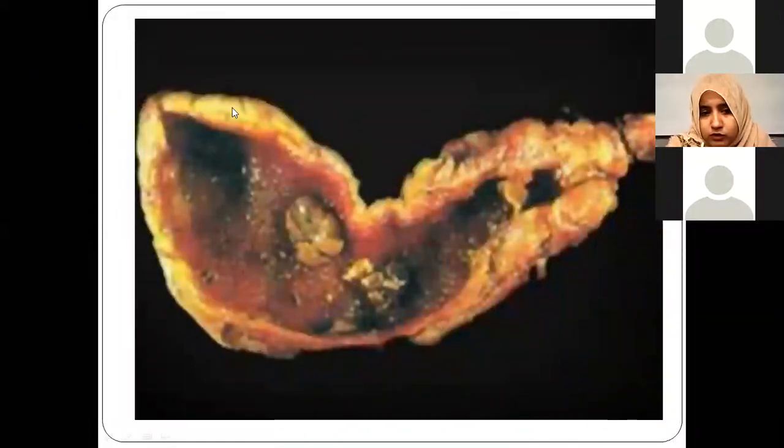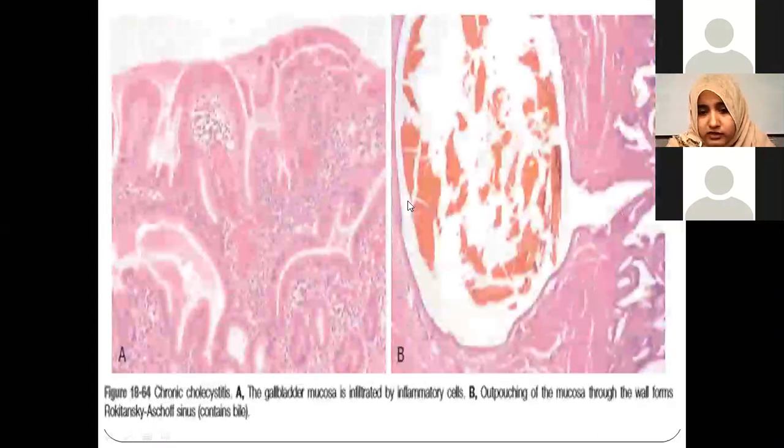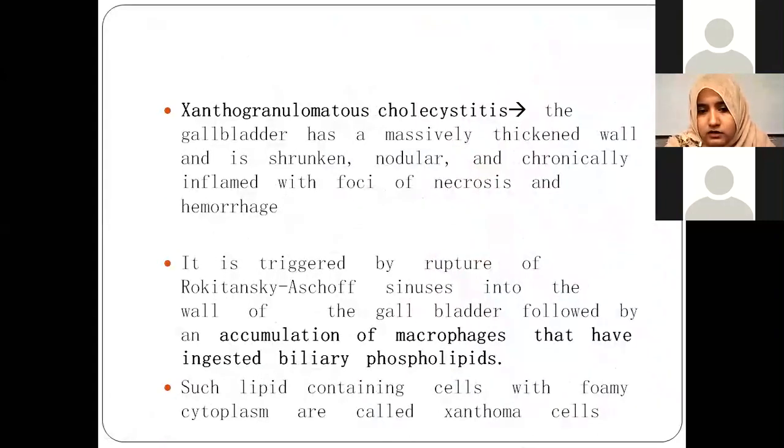What I told you is that the wall is thickened, discolored, and we read that there is subserosal, subepithelial fibrosis. When there is intense fibrosis because of the chronicity, it may shrink and turn into a nodular structure, chronically inflamed with foci of necrosis and hemorrhages.